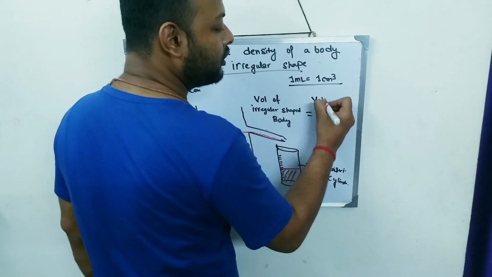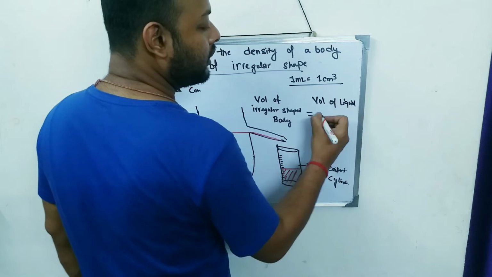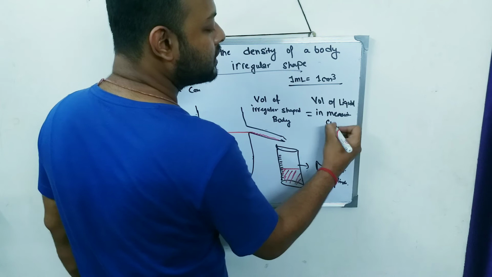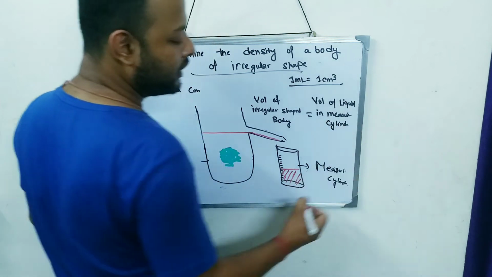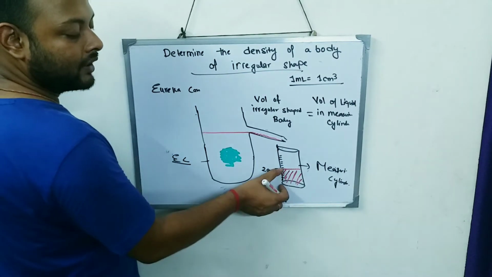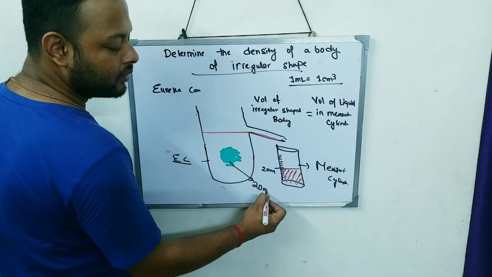Suppose the amount of water that we have here is 20 ml, then the volume of this irregular shaped body is also 20 ml.